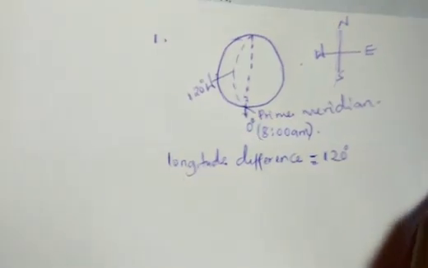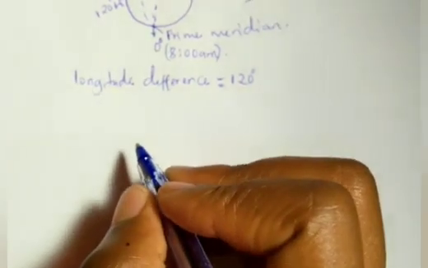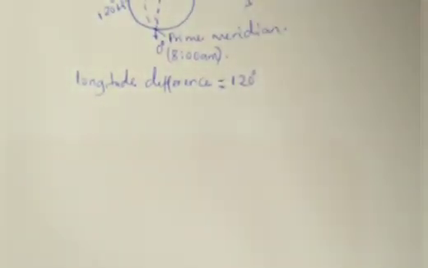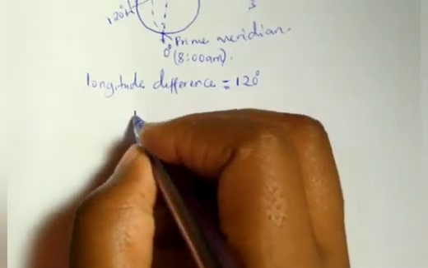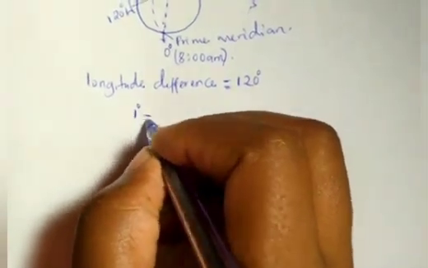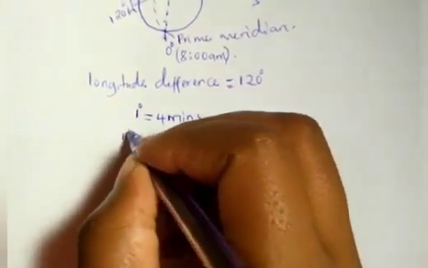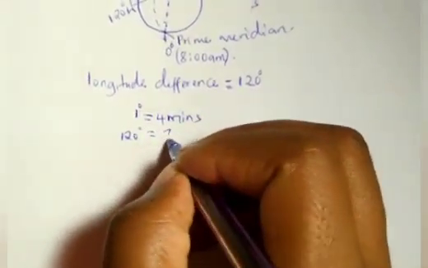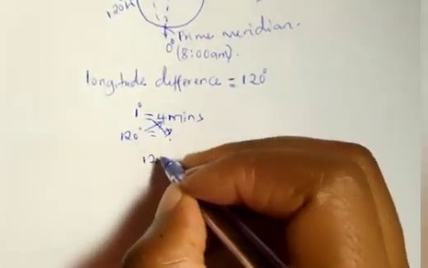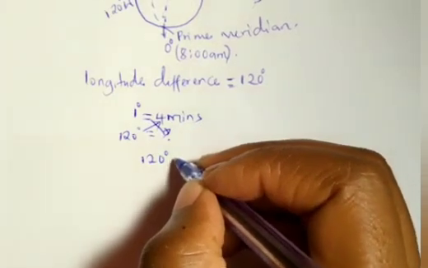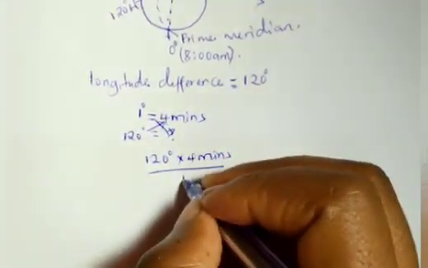And then we can see how long the earth takes to rotate 120 degrees. If 1 degree is covered in 4 minutes, 120 degrees would be covered in how many minutes? Cross multiplying, we have 120 degrees times 4 minutes divided by 1 degree.